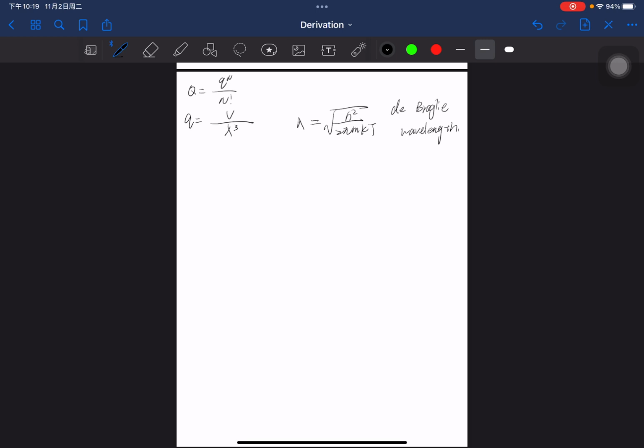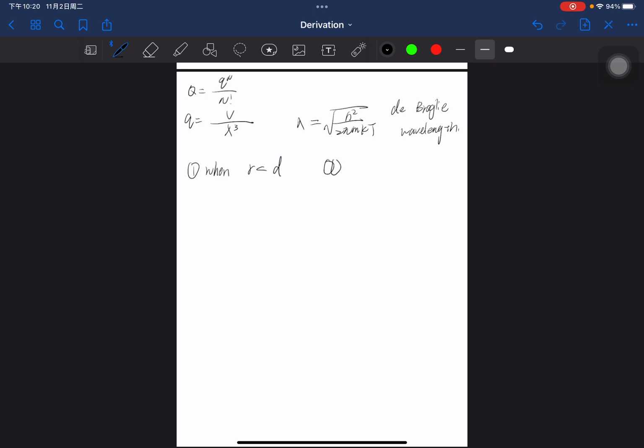And okay, let's move to the Van der Waals gas. In a Van der Waals gas, each particle can be considered as a hard sphere. So for the interaction between the particles, we now have two situations. The first is when r is smaller than d, where r is the distance between two particles and d is the diameter of each particle.